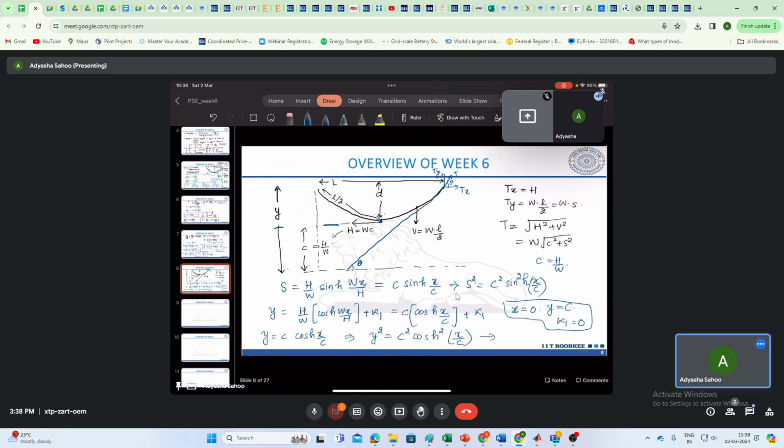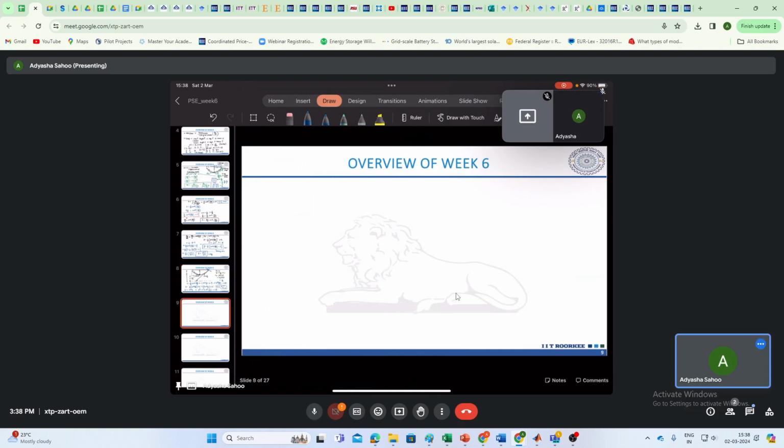So these are equations A and B. Let me rewrite that. s square is c square sine hyperbolic square x by c, and y square is c square cos hyperbolic square x by c.